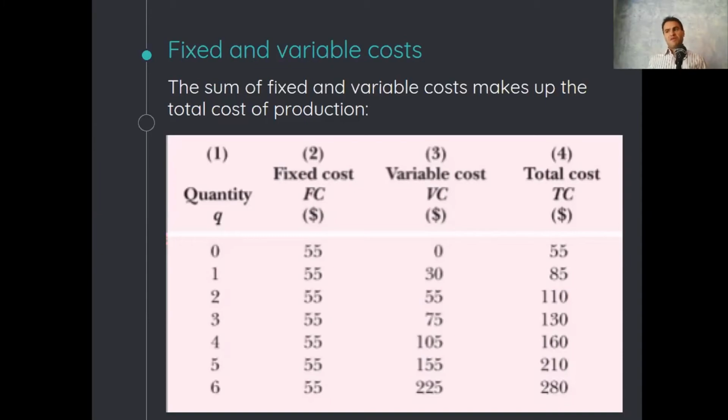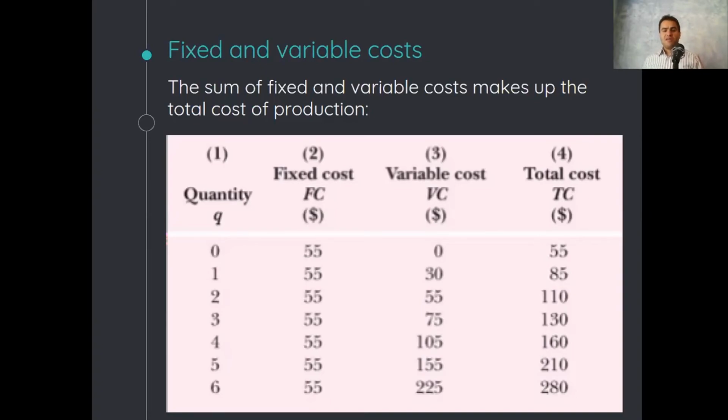You still have to pay the rent for your industrial shop that you're going to use, like 55, whatever it is, 55 million, it doesn't matter the units. You're not producing anything, so you are still not hiring workers nor buying inputs, but you have to pay those fixed costs, and that is already taken into account in your total cost. And as you start producing and continue to expand and produce more units, you need more inputs.